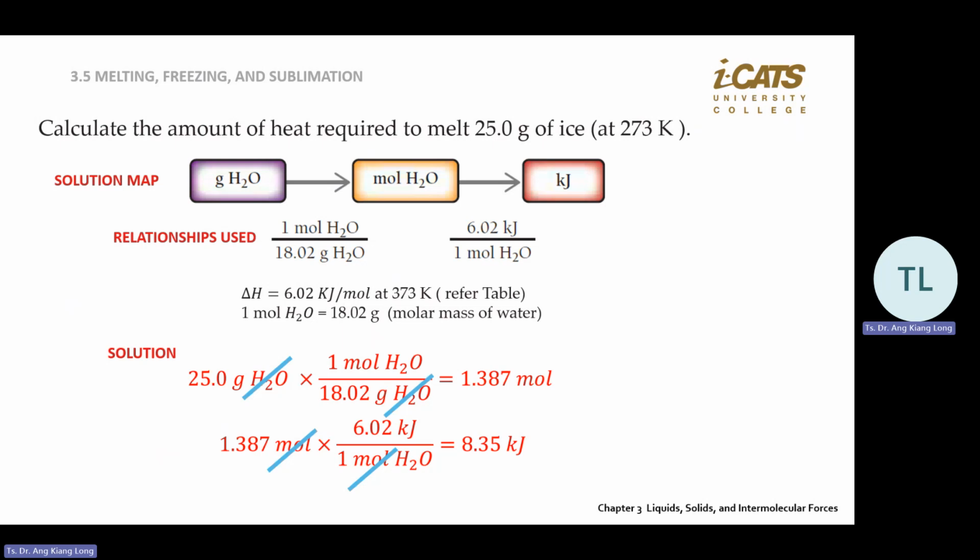Then do another one. 1.387 mole of H2O equal 1.387 mole multiplied by 6.02 kilojoule over mole. Then you write kilojoule.